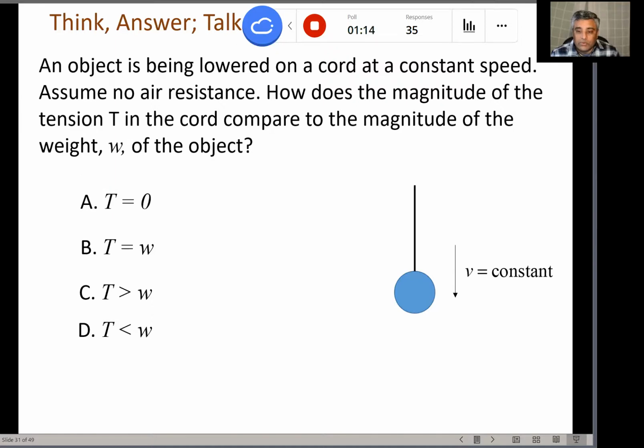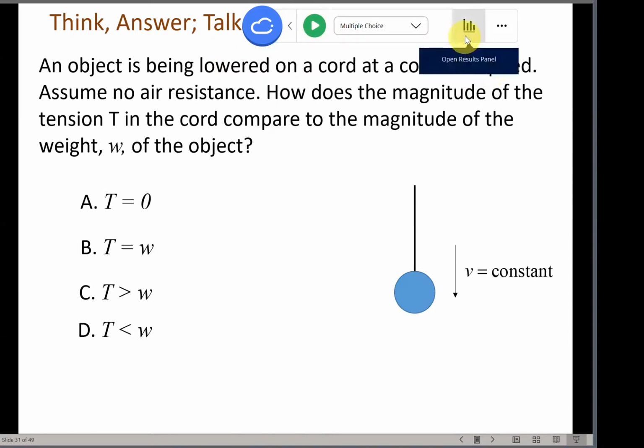Oh, I forgot to warn. 15 more seconds. And 5 more seconds. 5, 4, 3, 2, 1, and it starts.